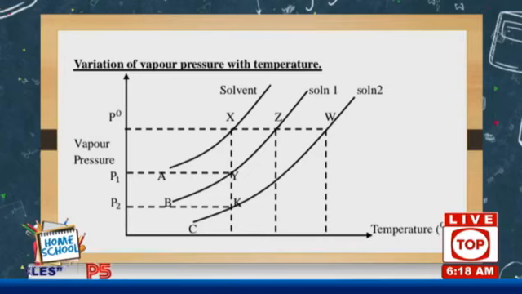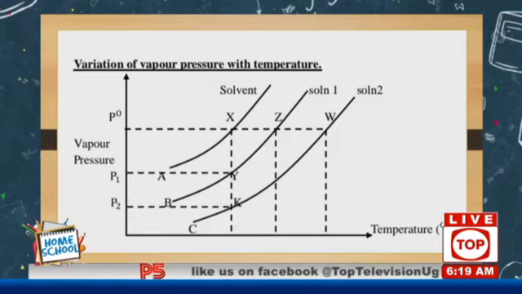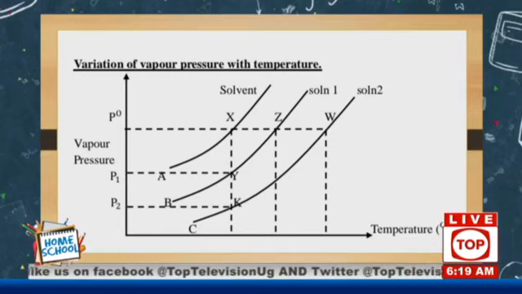But when you look at the other liquid, solution 1, it is at P1, and you see that the vapor pressure is lower than that of the pure solvent.